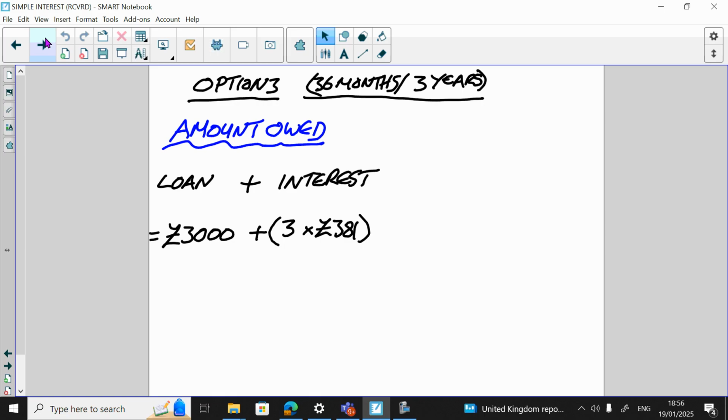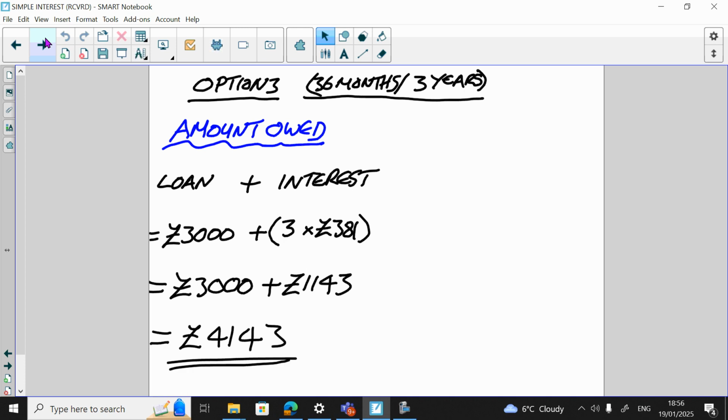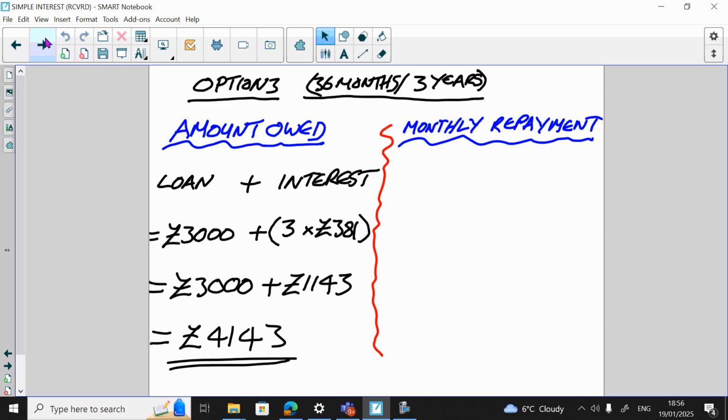So let's multiply that, 3 times 381, and add 1143 onto 3,000. Get that number there. Okay, so that's the amount that is owed now, but we're paying that back over 36 months. So for the monthly repayment, what we need to do is take that amount and divide it by 36.